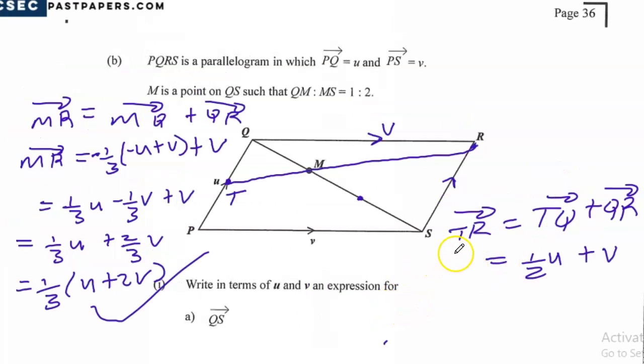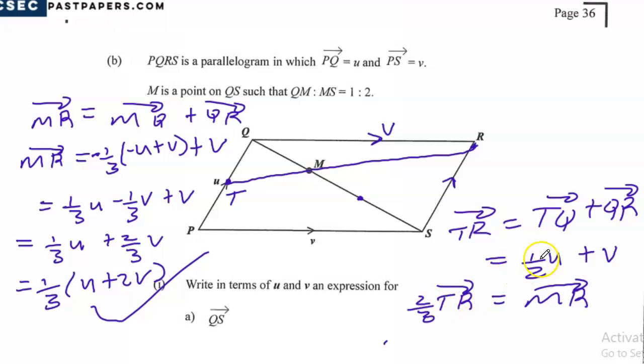Now notice the relationship between TR and MR. If you should multiply TR by 2/3, you will end up with the vector MR. That's the relationship between these two vectors.